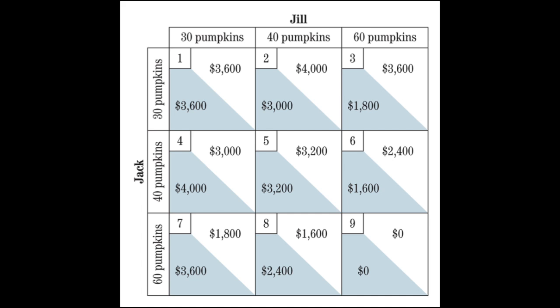Unfortunately, the lure of higher profits achieved by increasing output once the other player commits to a lower output can result in the non-cooperative outcome. In this figure, the non-cooperative outcome is when both Jack and Jill sell 60 pumpkins each, and their profits both equal 0. While firms can compete by varying quantities, they can also compete through pricing.